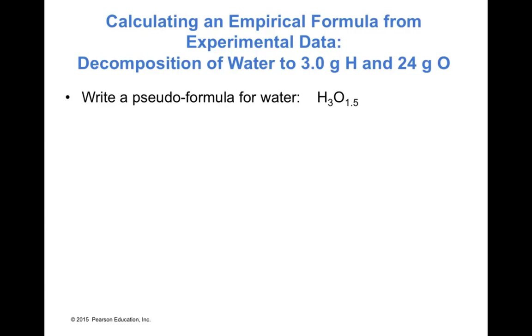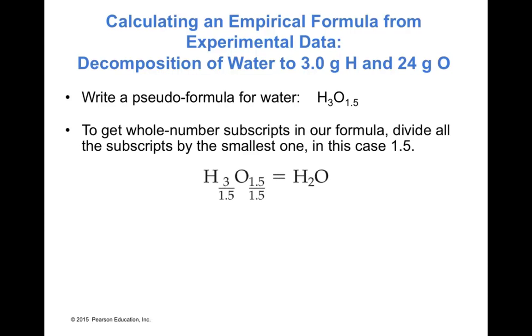It will be H3O1.5. But as we have said before, we need to have whole number subscripts. We can't have decimals. If we look here at 1.5, we multiply by 2. Well, basically, we need to divide this by the smallest subscript.